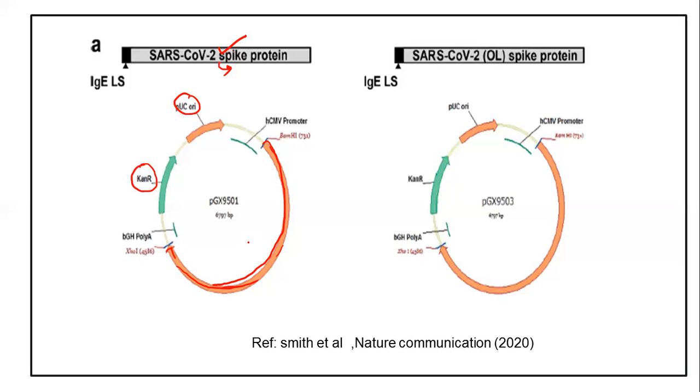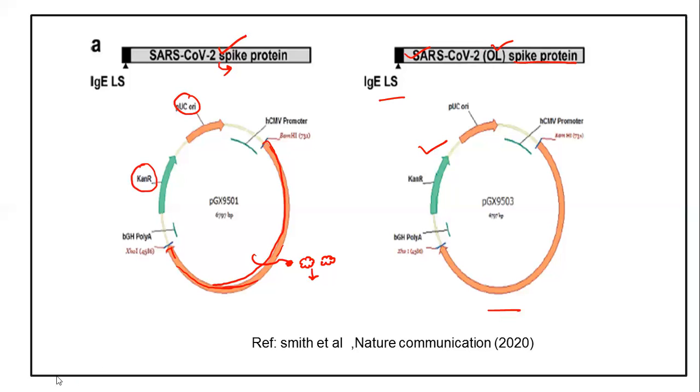It will transcribe and translate under human regulation, and it will produce the proteins, and the spike protein will be produced. Now this spike protein will activate different types of B cells and T cells, and then it will develop the memory response or antibody response, right? Another is the SARS-CoV-2 construct also for spike protein. These are the vector constructs that were developed for DNA vaccine.